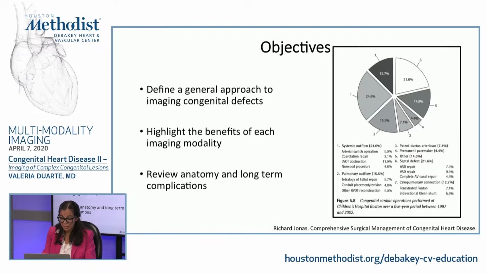And then up to 15% were related to pulmonary outflow or RVOT issues like the Tetralogy of Fallot. And very importantly, if you look at number 7, up to 12% were very complex operations for patients with single ventricle Fontan. So all these patients now survive, the great majority into adulthood, and we are very likely to find them more often in our imaging lab, so we need to have our toolkit ready for them.